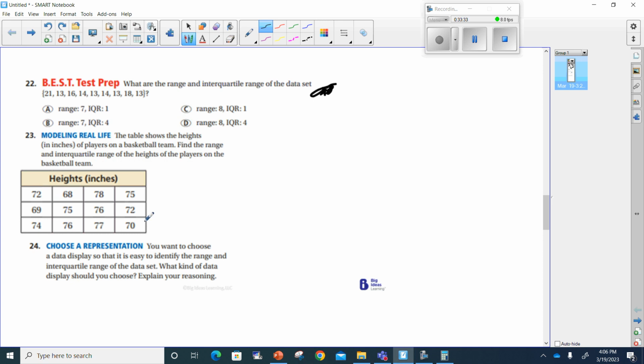Again, we'll have to put these in order. Looks like 68. Yes, 68 looks like the smallest player. Then let's see, next would be 69. Let's see, after that, looks like we're in the 70s. I don't see a 71, so there's two 72s.